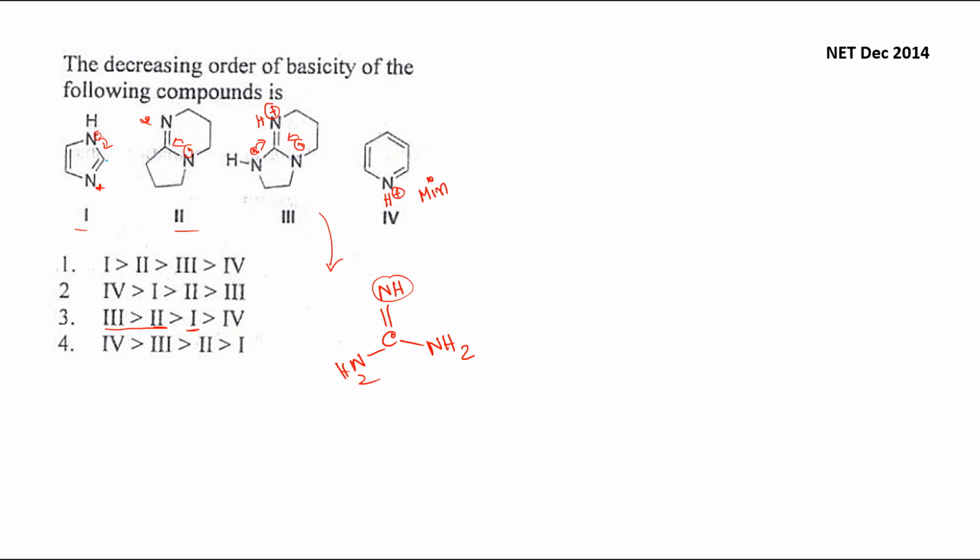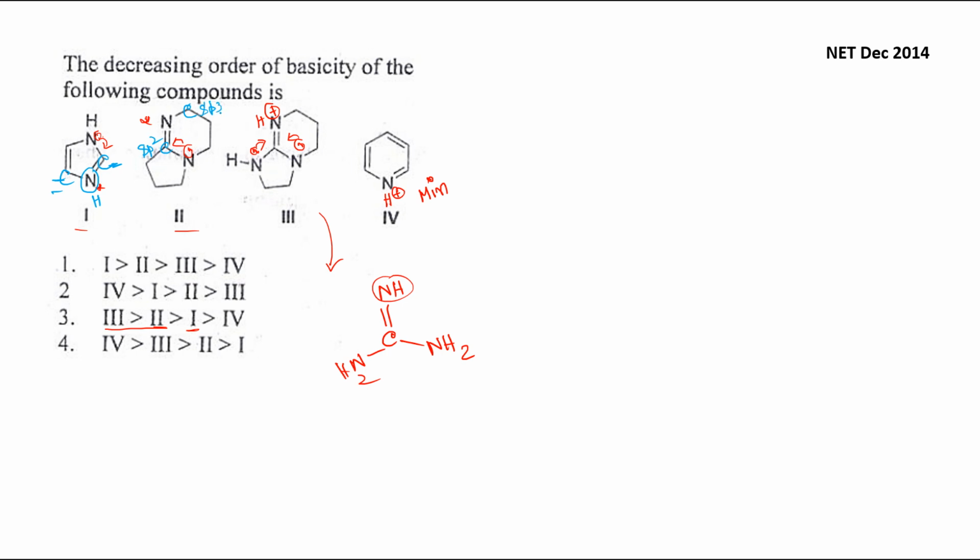In case of 1, after protonation of this nitrogen, on both sides there is carbon, right? In the second compound also, on one side we have carbon and on the other side also carbon, but these two carbons have a difference. In the first compound, both these carbons are sp2 hybridized, but in the second compound, this carbon is sp2 and the other carbon is sp3.